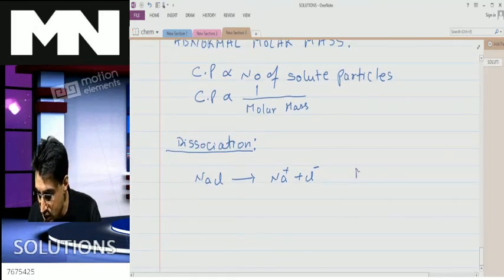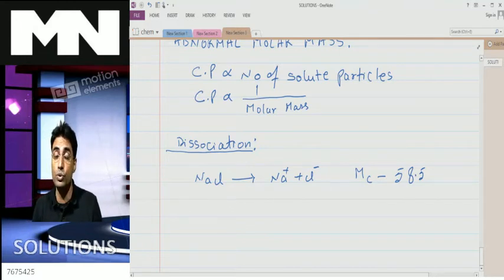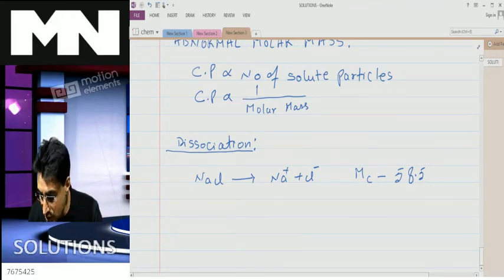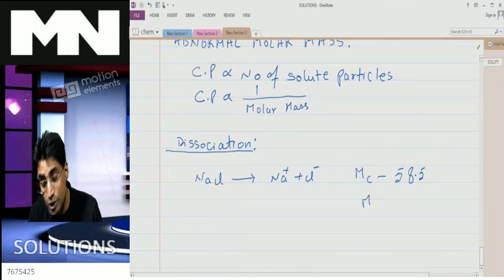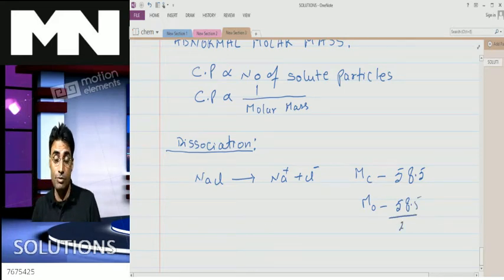Suppose the correct molar mass of sodium chloride is 58.5. Now, if I calculate the molar mass of sodium chloride through any colligative property, that is relative lowering in vapor pressure, elevation in boiling point, depression in freezing point, or osmotic pressure, the molar mass I will observe will be around 58.5 by 2. That is nearly half because the number of particles has doubled. In that case, we need to correct it.